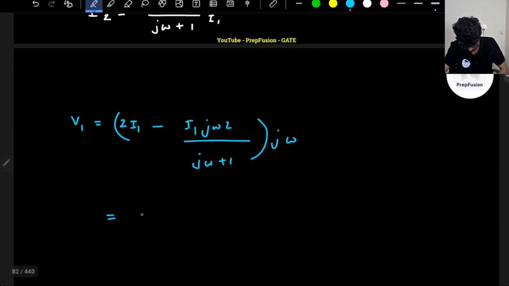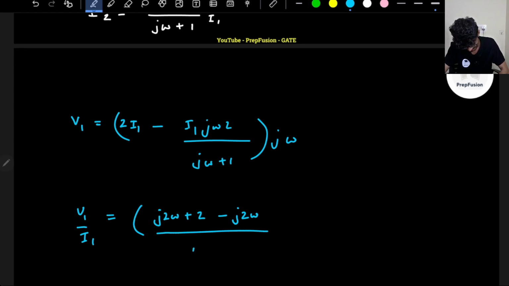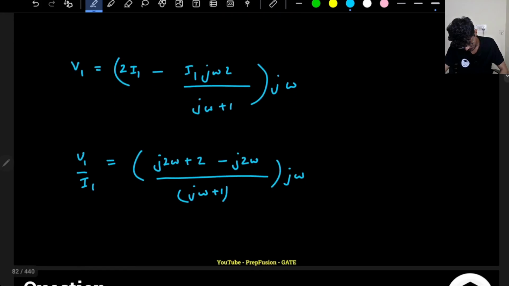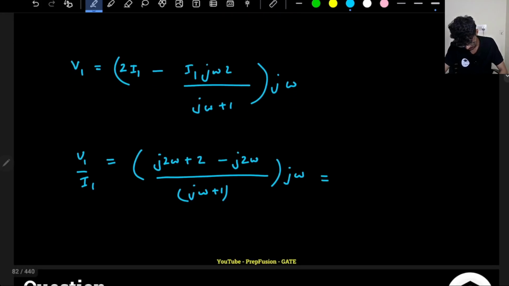Now I can take the I1 outside as well. So this will be V1 by I1. This will be j 2 omega plus 2 minus j 2 omega. Actually this is not that complex as I thought. So this will be j omega plus 1 into j omega. So ultimately, j2 omega is simply getting cancelled, so this will be 2 divided by j omega plus 1.